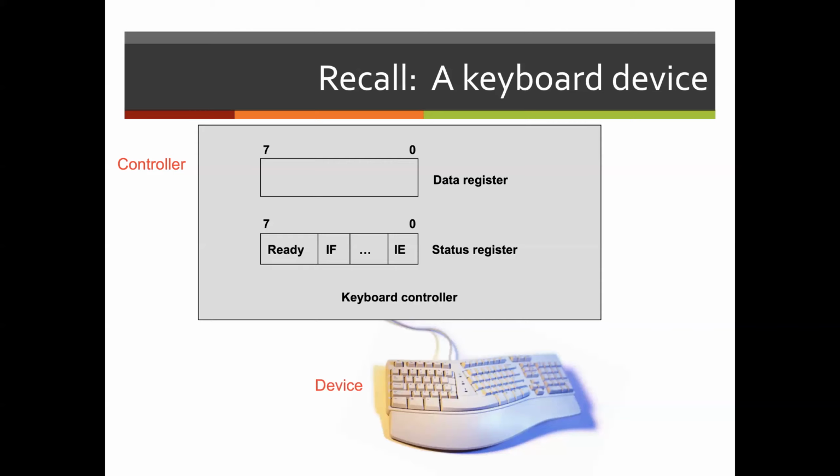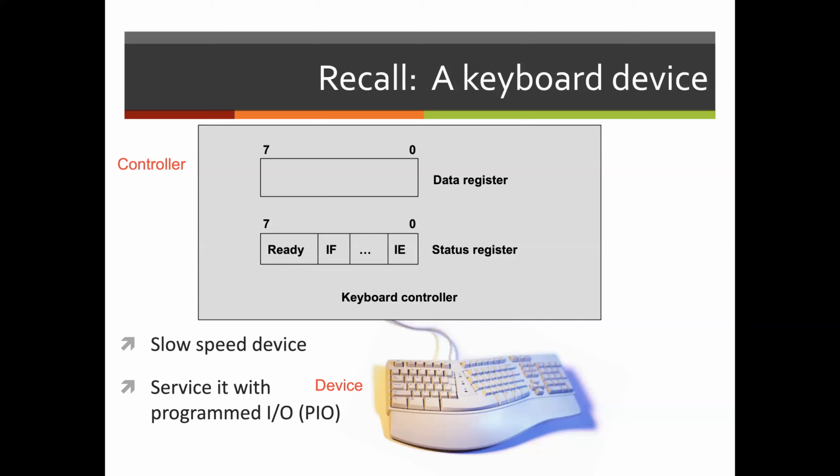And so in this extent, we have our controller and we have our device. This can somewhat result in slow device speed when it's serviced with program IO or PIO. So what we want to make sure is that for representing the information, we need to have an appropriate bit in place to determine if we have information that's waiting in the data register, and that would be our ready bit.